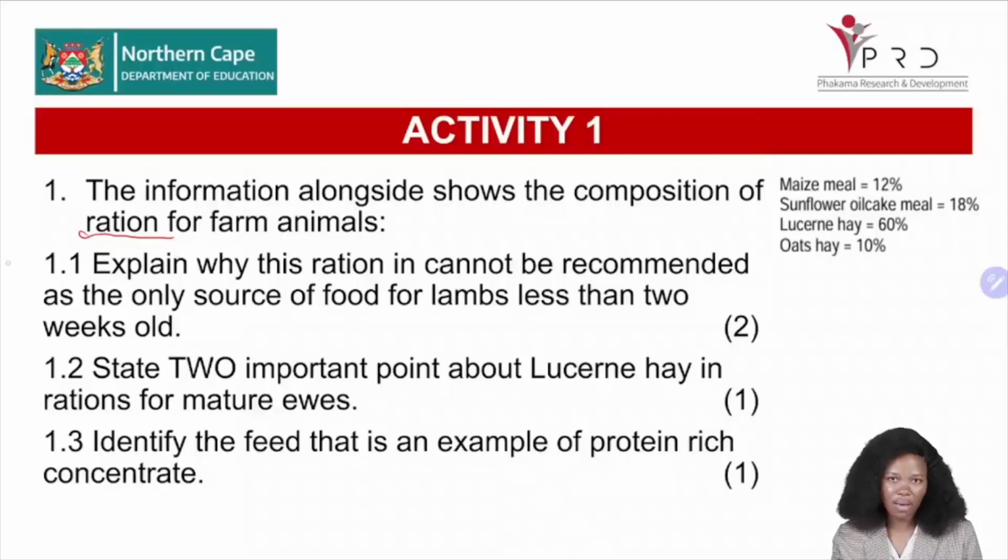Now you have read the caption, you have analyzed the information, where you also identified that there is maize meal that forms part of the ration, sunflower oil cake meal, lucerne hay, as well as oats hay. Maize meal contributes about 20%, sunflower 18%, lucerne hay 60%. Oh, that is very high. Oats hay contributes about 10% in the composition of this ration.